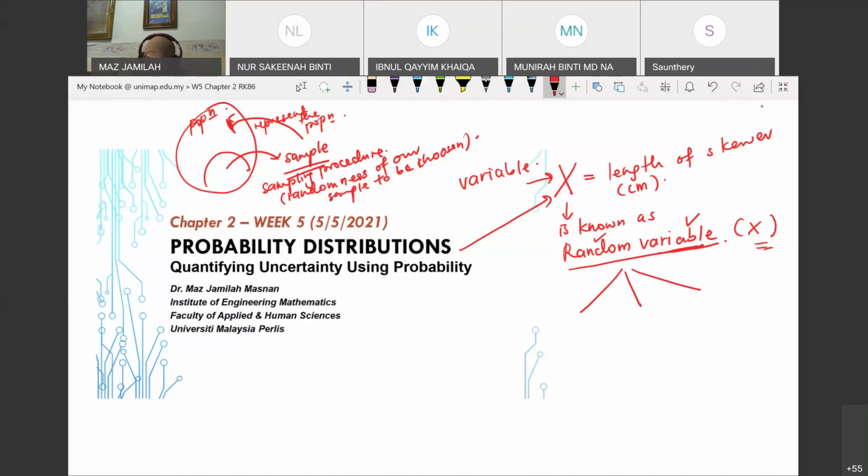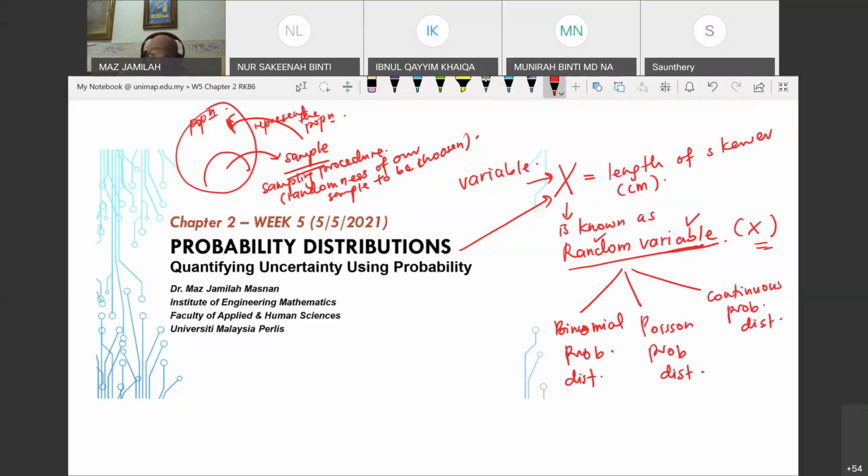So if I can simplify it for you, we have three types of probability distribution that we cover for this topic. It will be binomial probability distribution, we have Poisson probability distribution, and the last one is continuous probability distribution.